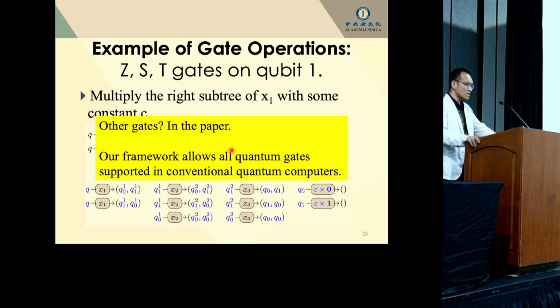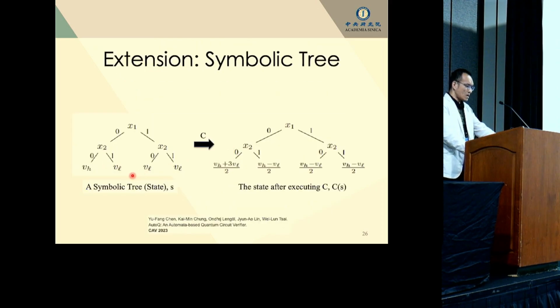I need to refer you to the paper for other gate operations, but that's everything we can do. For the examples you have seen so far, the variables are constants, but we can also extend it to variables to allow symbolic execution. This is an extension that will be presented in CAV this year.